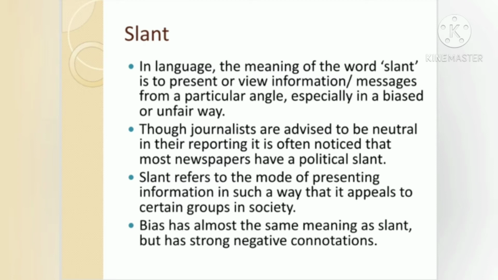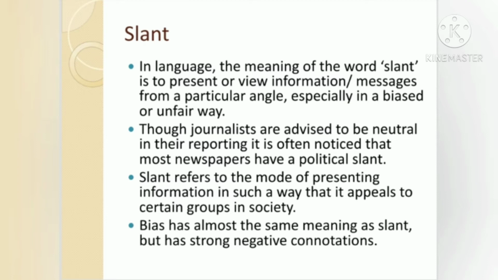The next point. Slant refers to the mode of presenting information in such a way that it appeals to certain groups in society. So it is basically the mode of presenting information so as to favor certain groups of people by neglecting the other.